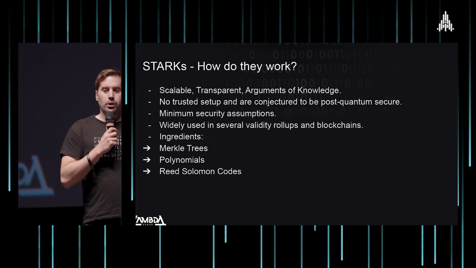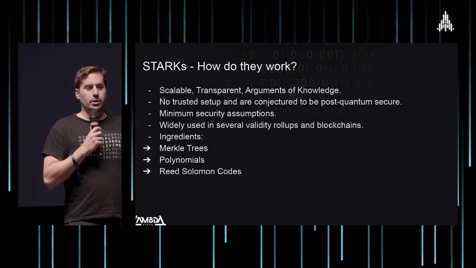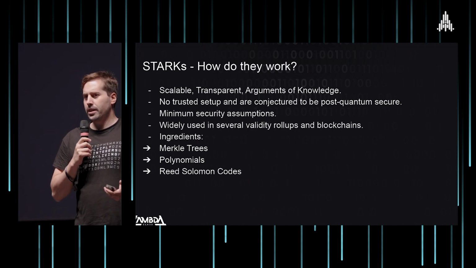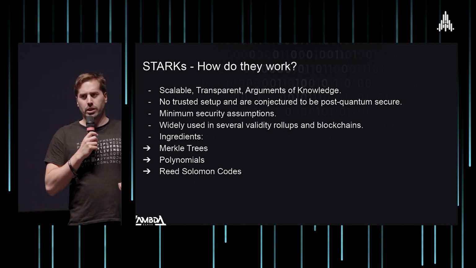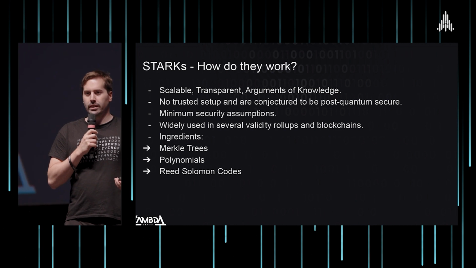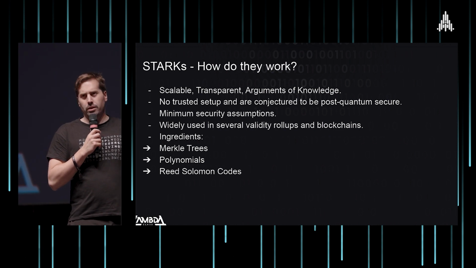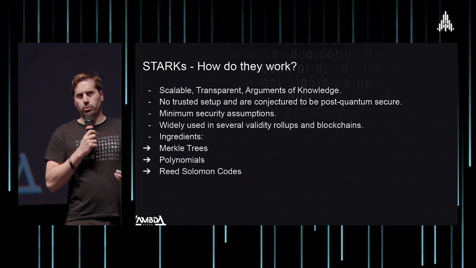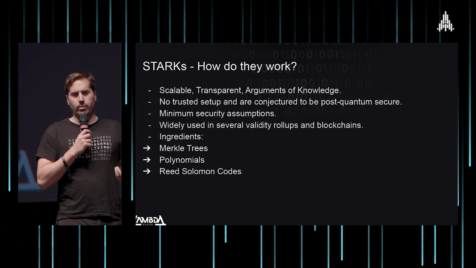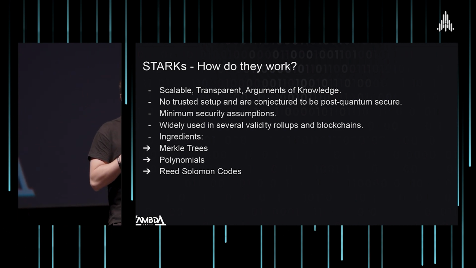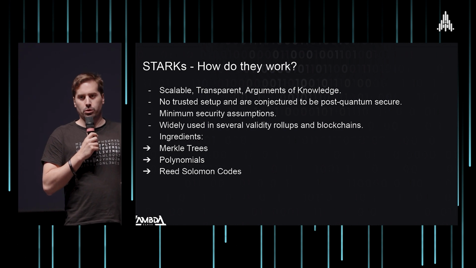It's widely used in many validity rollups, and it has 3 main ingredients: Merkle trees, for which you need a hash function; then we use polynomials to encode the information, for example, from the trace; and Reed-Solomon codes.